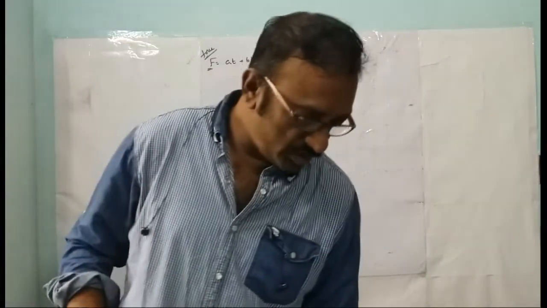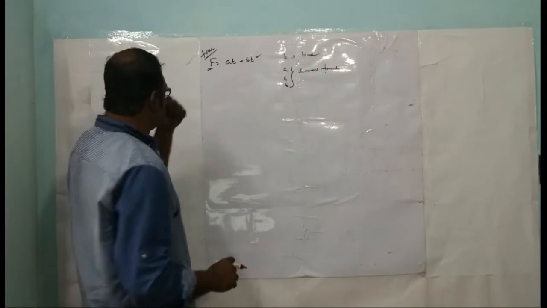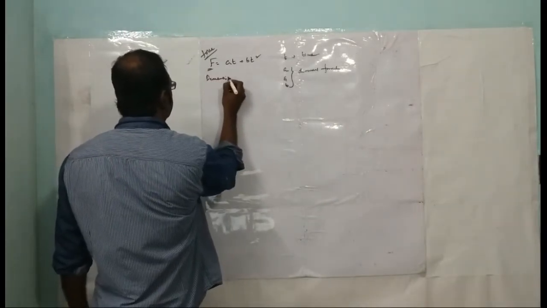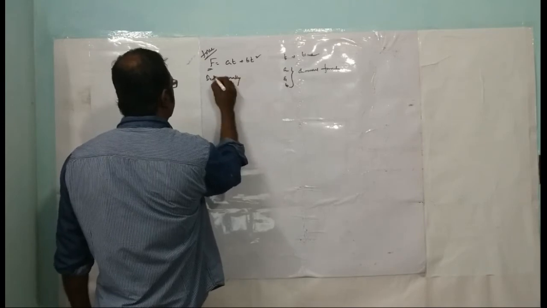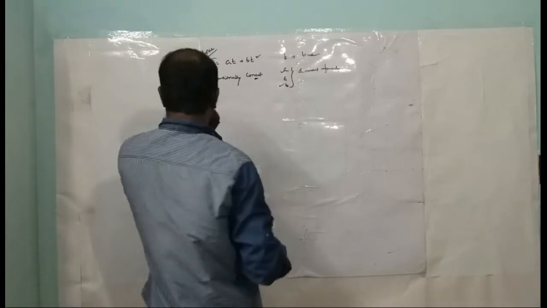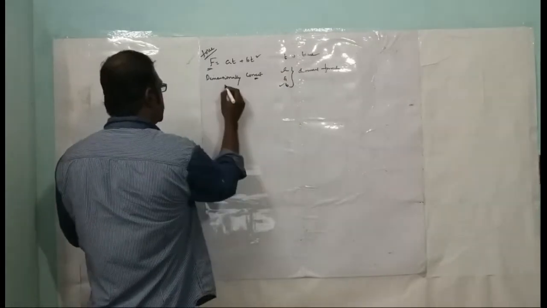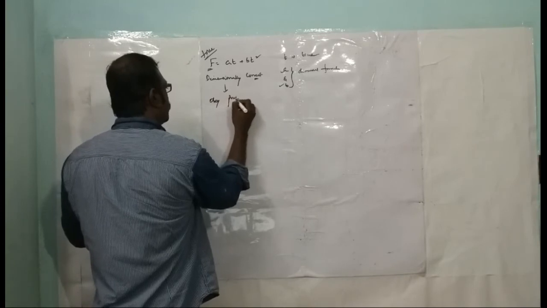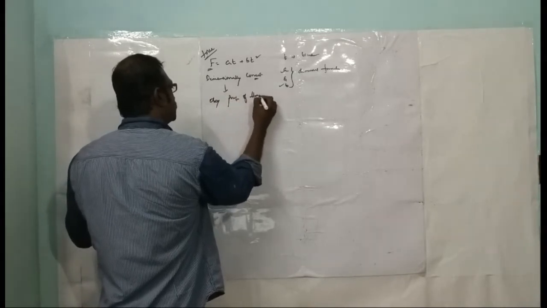Here you have to understand that the given equation is dimensionally correct. That's why they asked you to find A and B. If it is dimensionally correct, it has to obey the principle of homogeneity, isn't it?